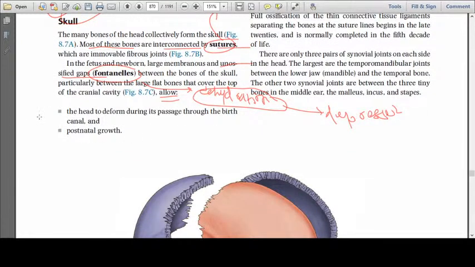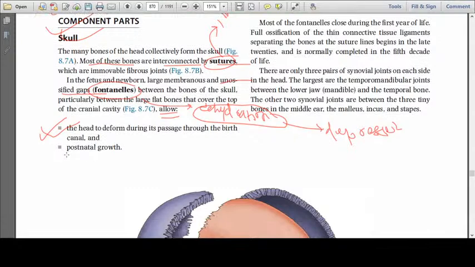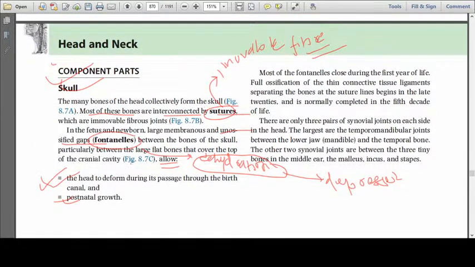If it is movable, then the head will easily come out through the smaller birth canal, so there won't be any harm to the mother or the child. There is no fibrous joint there in the child, but actual spaces within the skull, called fontanelles. It also allows postnatal growth.